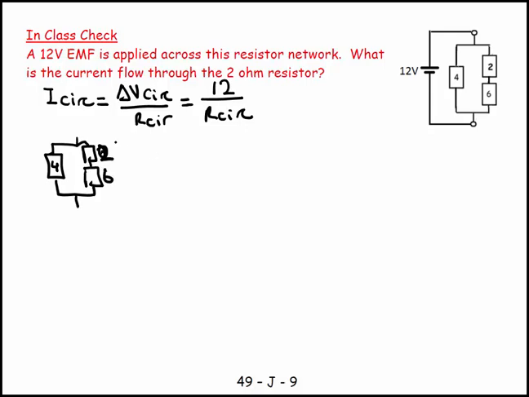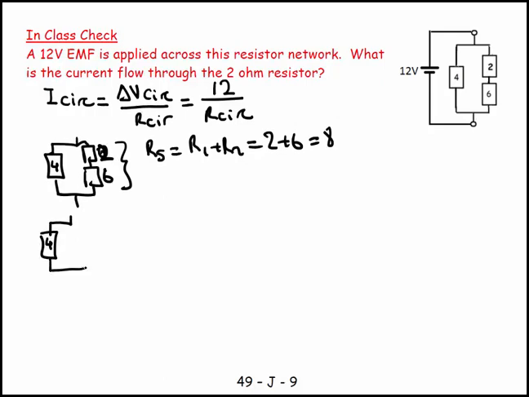These are in series, so R series is equal to R1 plus R2, which equals 2 plus 6, which equals 8. So I get 4 and 8.